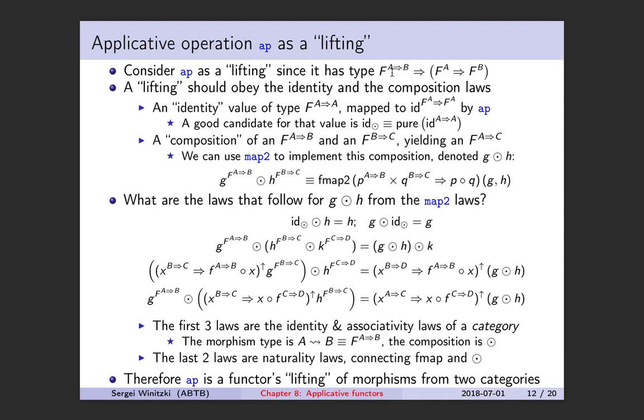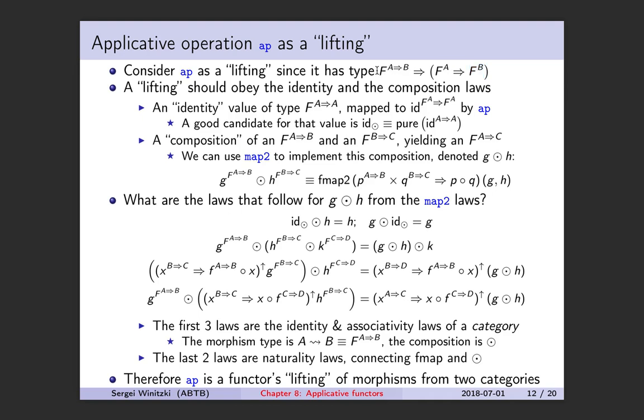But we can think about it like this. We can think, well, this is just like a function a to b, except it's a little twisted. So it's kind of a lifting from a twisted function type into the function of a type constructor to type constructor type.